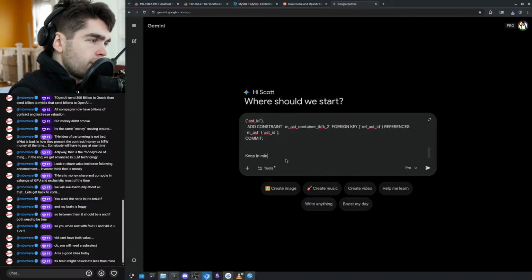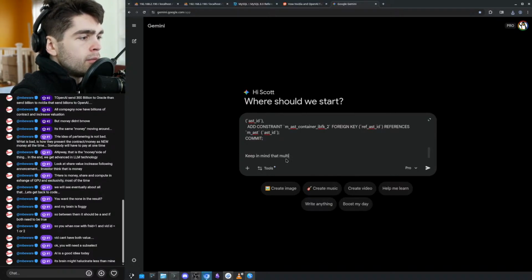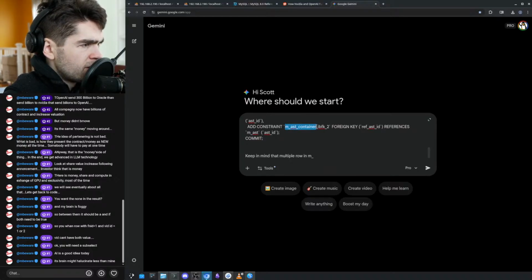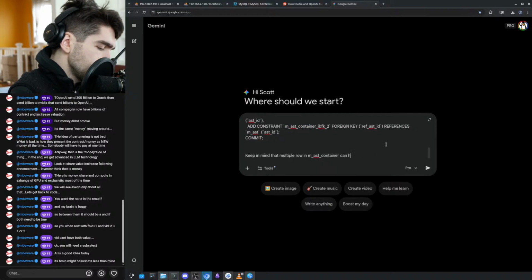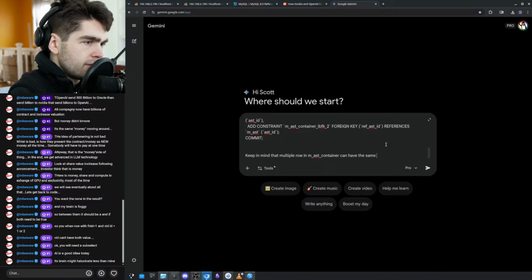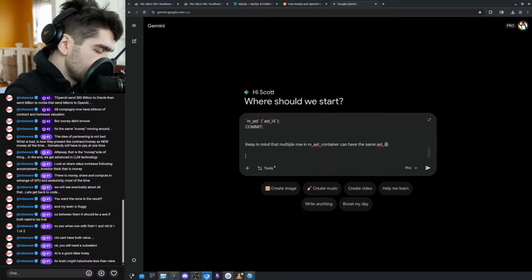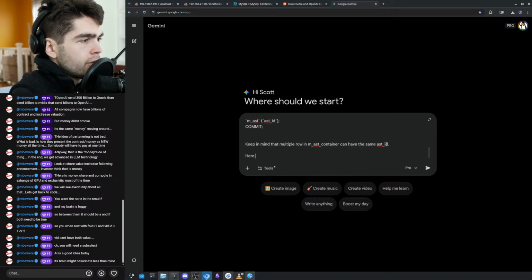Keep in mind that multiple rows in MAST here.